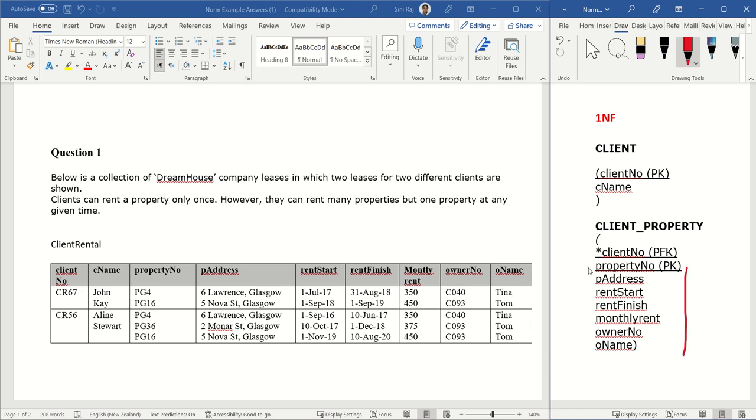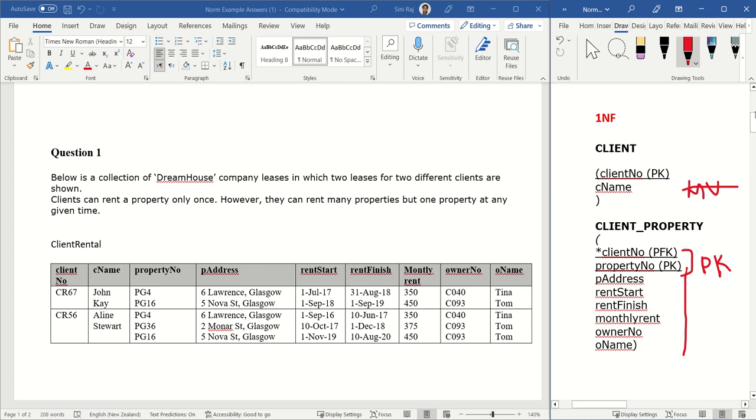The possible primary key is property number, and we take client as the FK, that is foreign key, and take this combination of client number and property number as our primary key. So this is your composite entity. This is the way we solve the multi-valued attribute issue for 1NF.